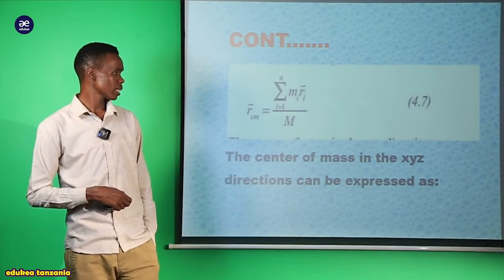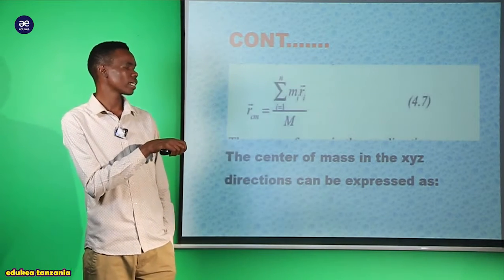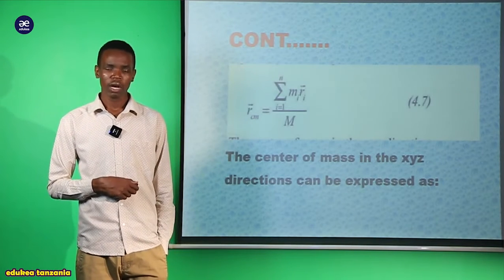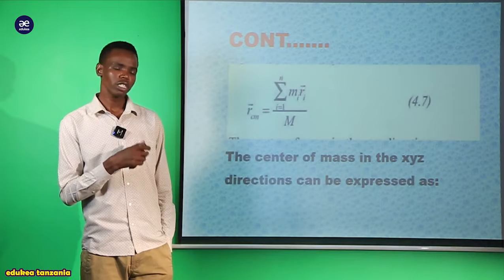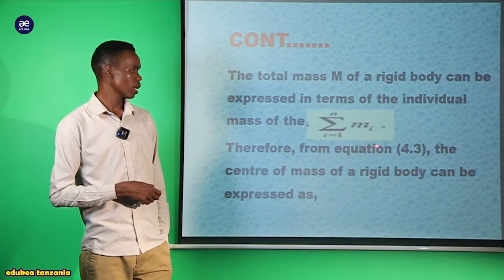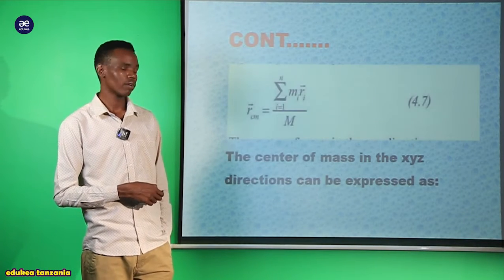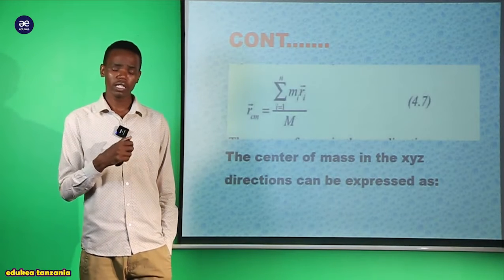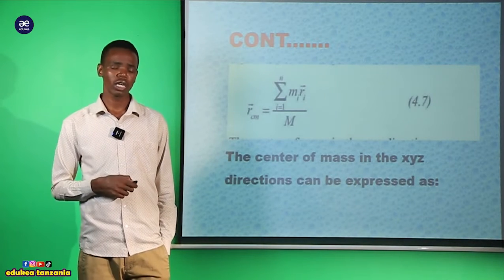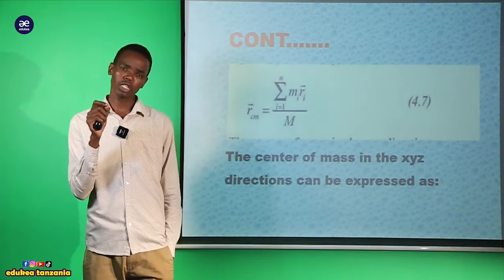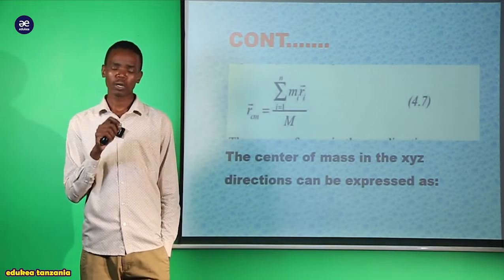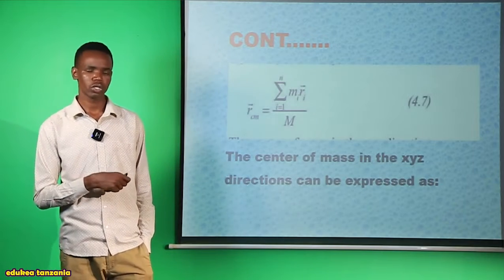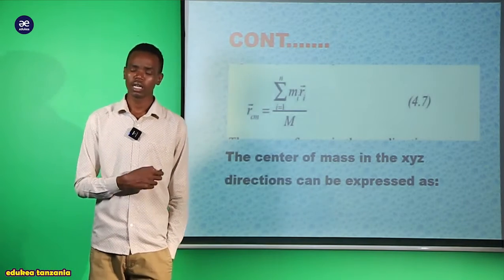This should be equation number 7 for our topic number 4. Equation 3 and equation 4 do not differ much. Hizi ni kama zinafana, lakini kitu ambacho kinatofautisha nini? Instead of using the summation of mass, we use the individual masses, as we have been told in our statement. We should use the individual m.